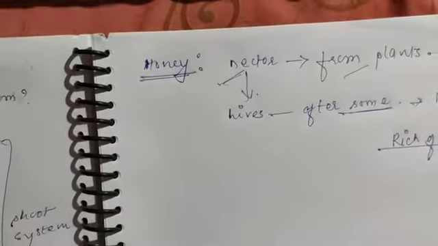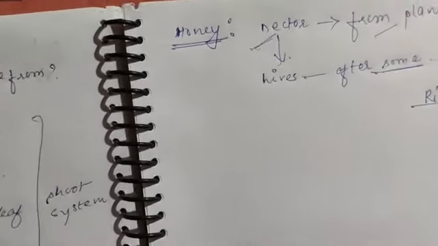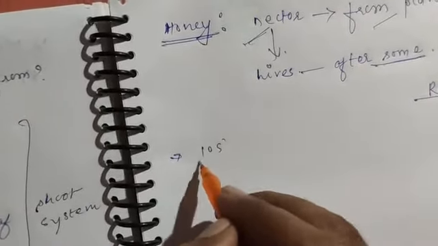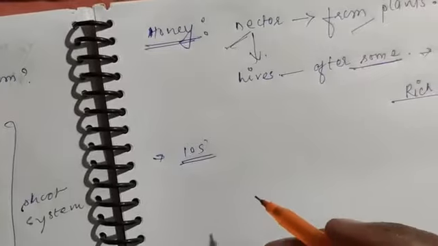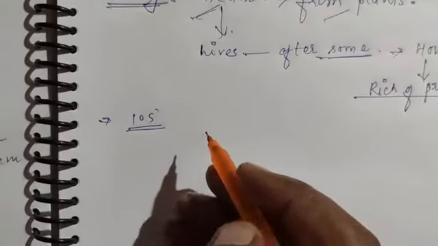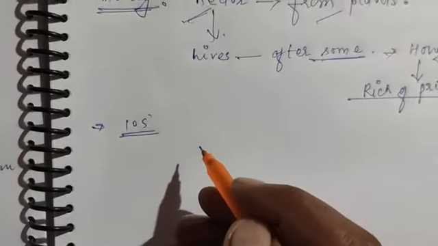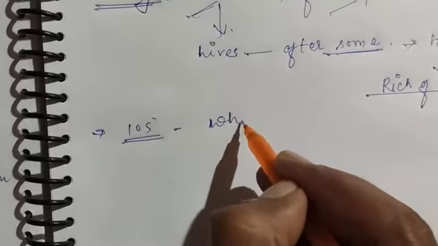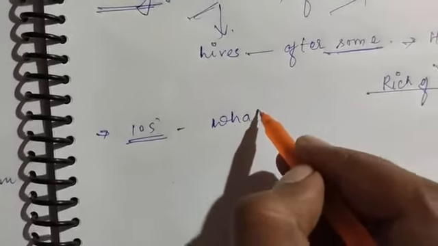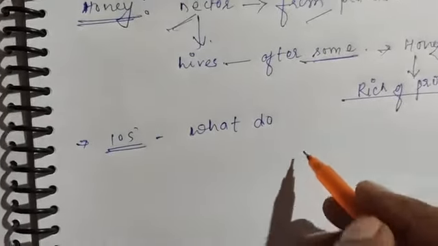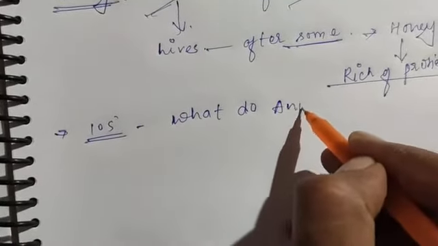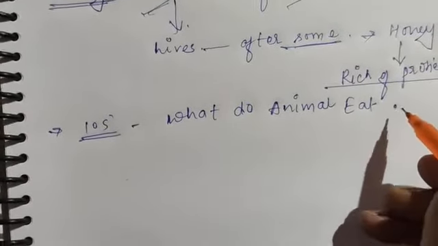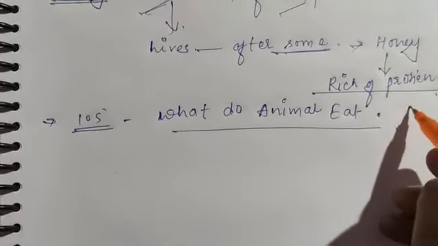Now, in section 1.5, you students should open your textbook to understand the chapter easily. The question is: what do animals eat?